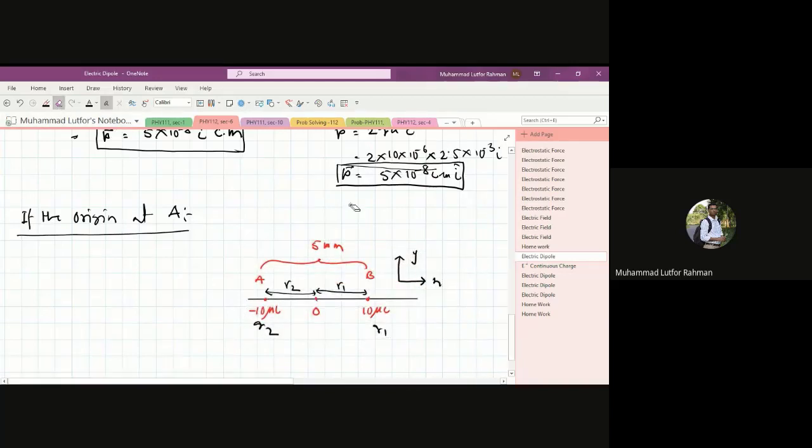So if the origin is A, then what can I write?